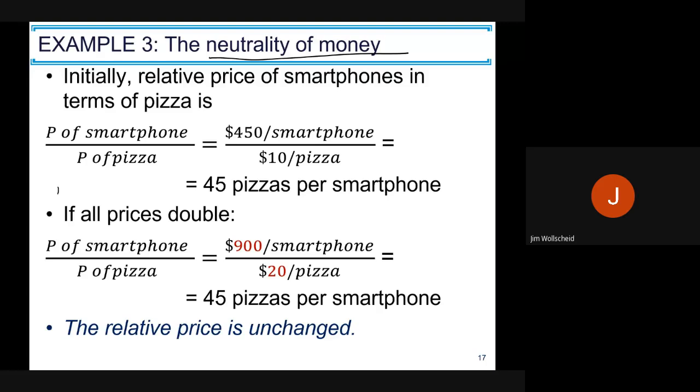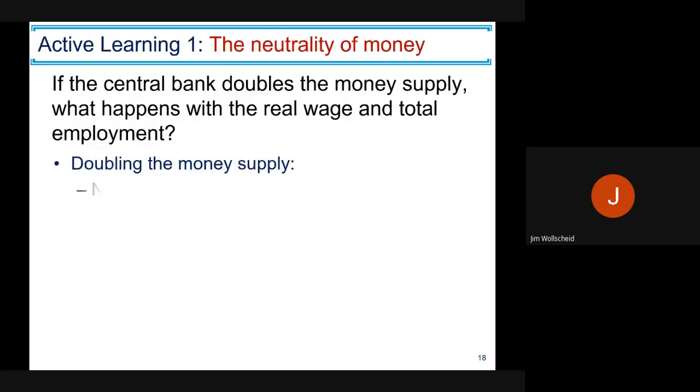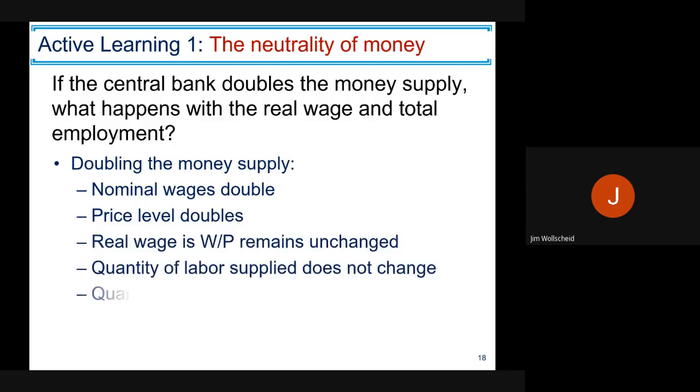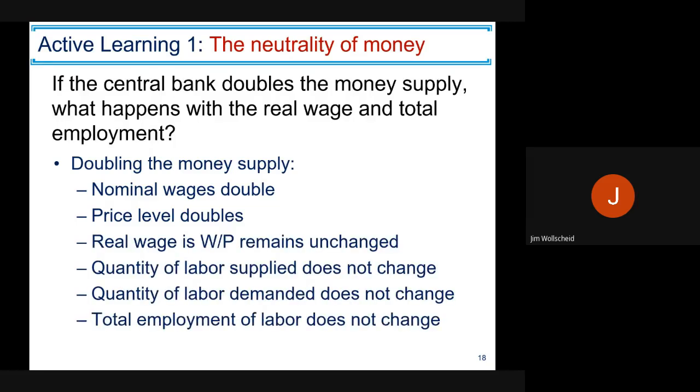Here's the real price, and here's the real price. If the central bank doubles the money supply, what happens to the real wage and total employment? The answer is nothing. No change.